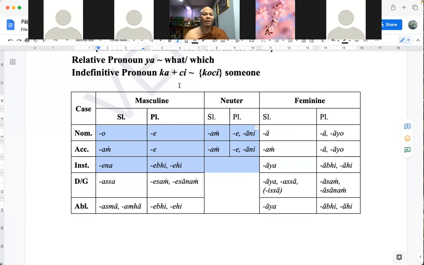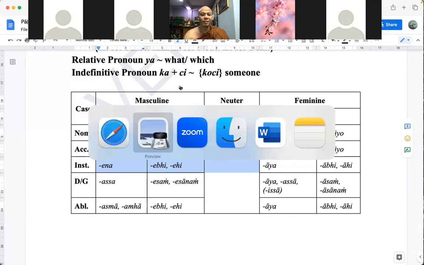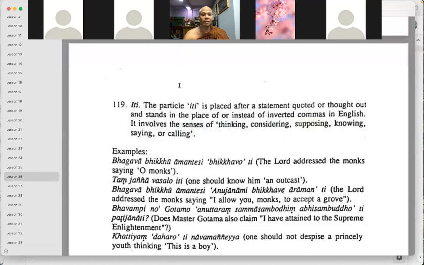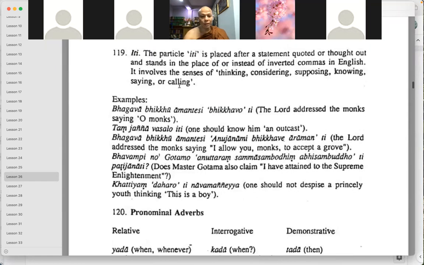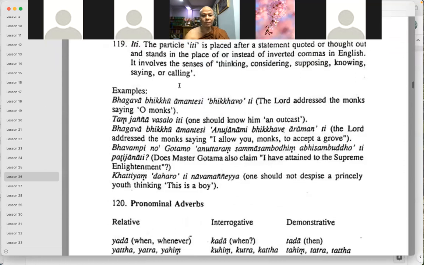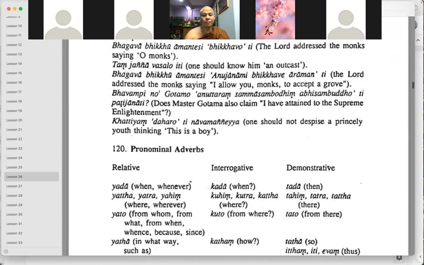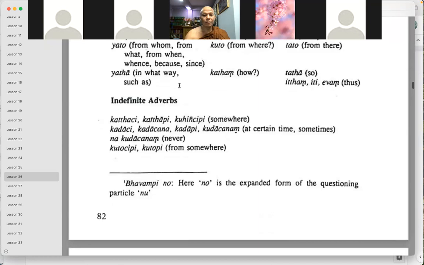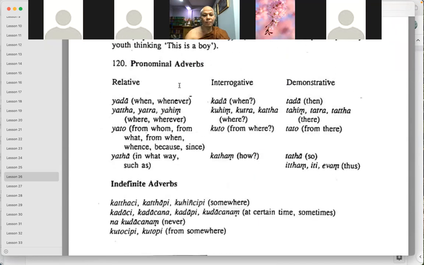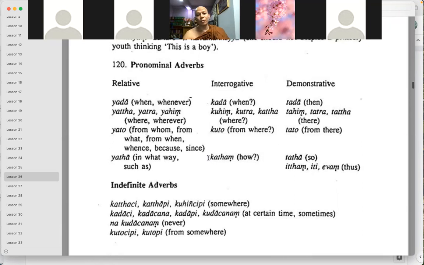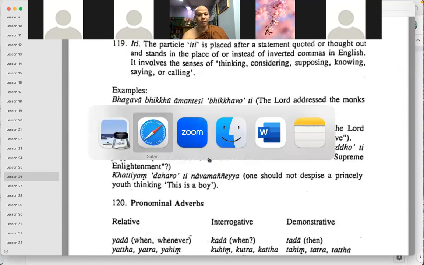Yes, Bante. And how about why? I don't see the question word why here. We have when, where, from where, how, but we don't have why. Okay, why is commonly asking for the reason.